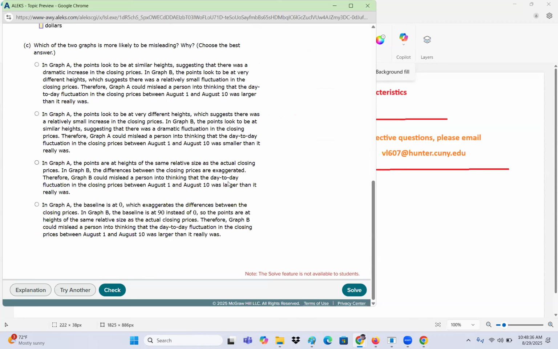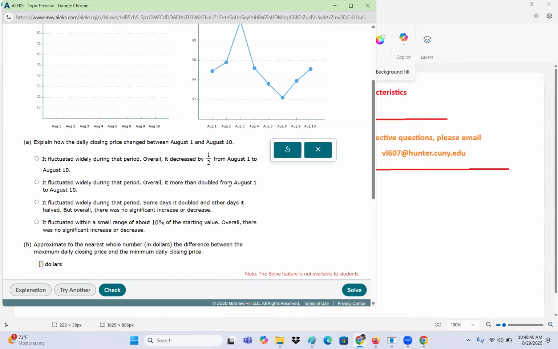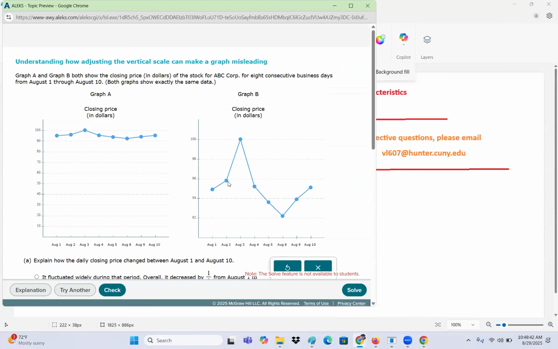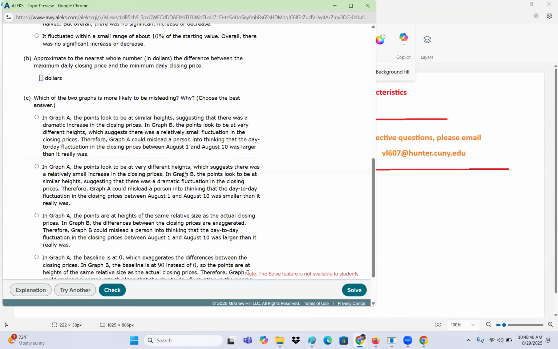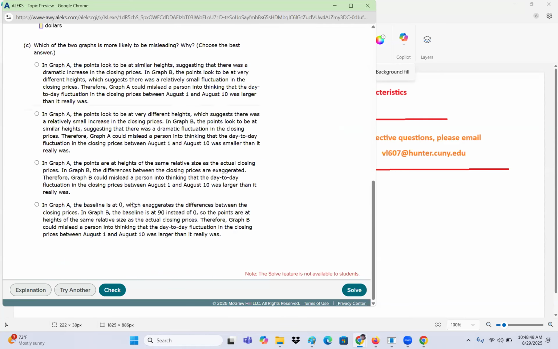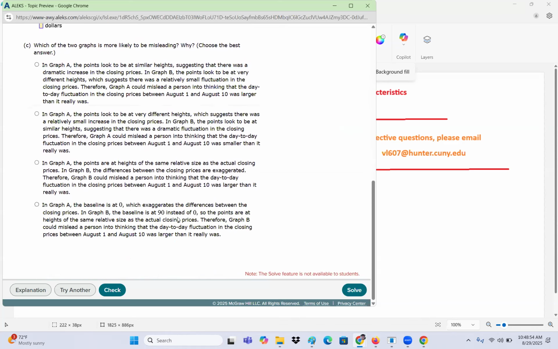It's actually no, it's kind of weird. Did they change the question for some reason? Oh yeah, more likely to be misleading. Therefore, graph B could mislead the person, something like that. Oh, I'm so sorry, I gotta mute you.